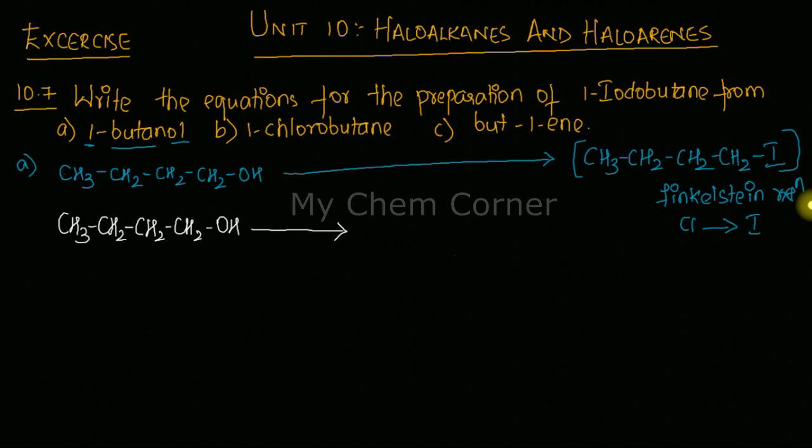So I am going to use, for example, concentrated HCl. I'm going to use Lucas reagent, concentrated HCl and anhydrous ZnCl2. When I use this, the OH over here is going to be replaced with Cl.